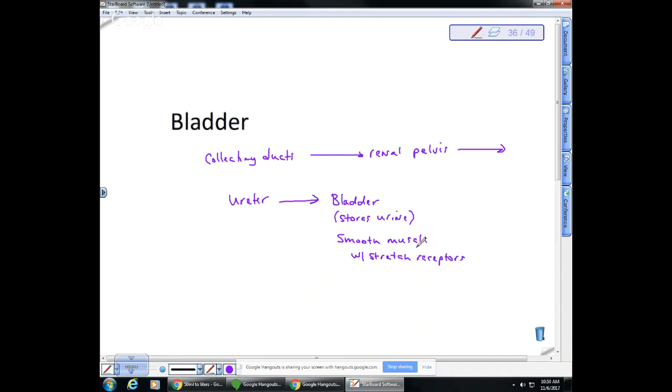And so the stretch receptors can detect when your bladder is getting full, and they can send it to the nervous system, and you can actually have reflexive urination, and that's what happens with babies, right? So this just becomes a reflex, right? So the reflex seen in babies.